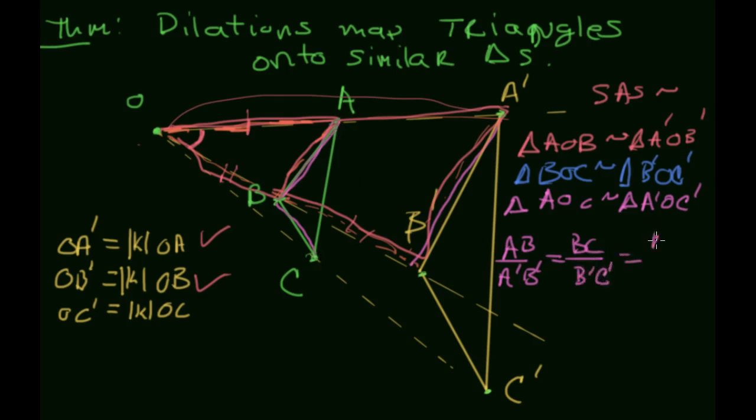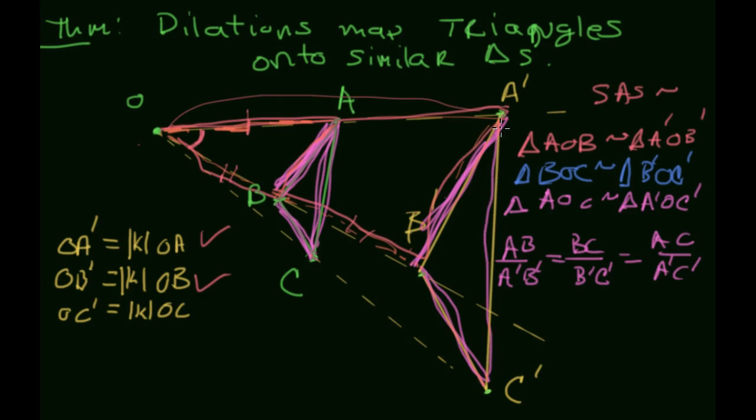Finally, AC has to be proportional to A prime C prime. So we now have AB proportional to A prime B prime, BC proportional to B prime C prime, and AC proportional to A prime C prime.